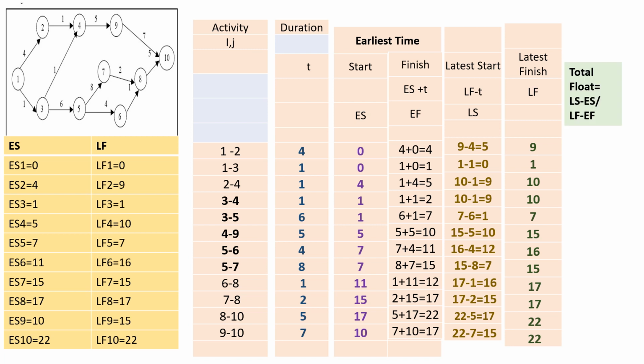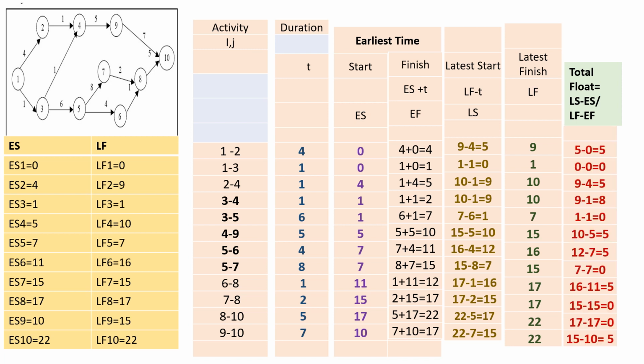We now calculate total float of all the activities. The formula to find total float is LS minus ES or LF minus EF. So for activity 1 to 2, LS is 5 and ES is 0. Therefore, total float is 5 minus 0 equals 5.